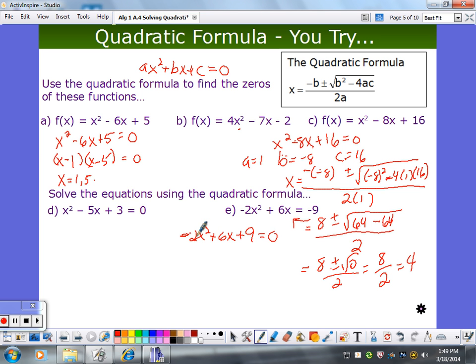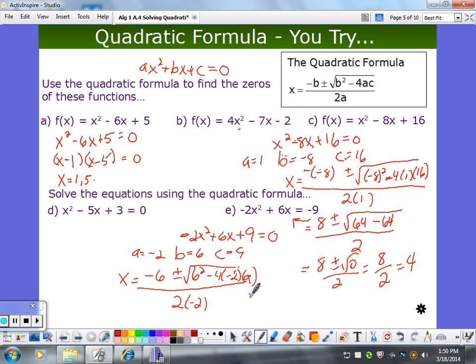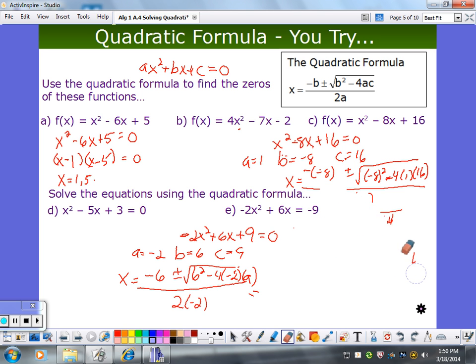Now if we were to try and factor this, it's hard. I don't have to factor it. A is negative 2, B is 6, C is 9. x equals negative b plus or minus the square root of b squared minus 4ac, over 2 times a, which is negative 4.